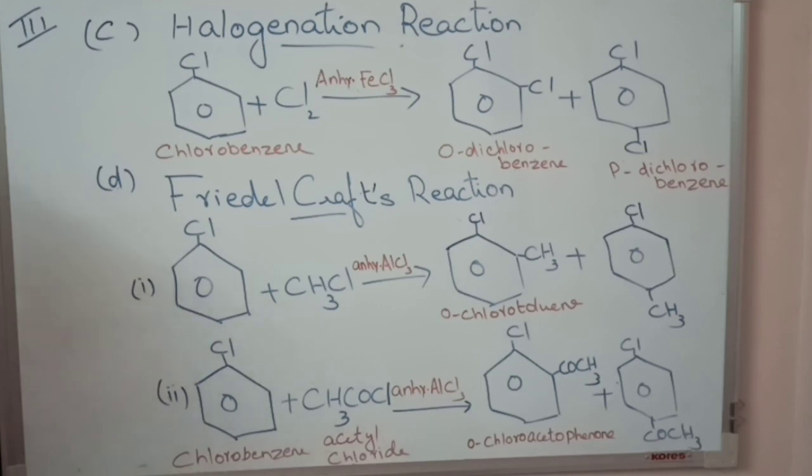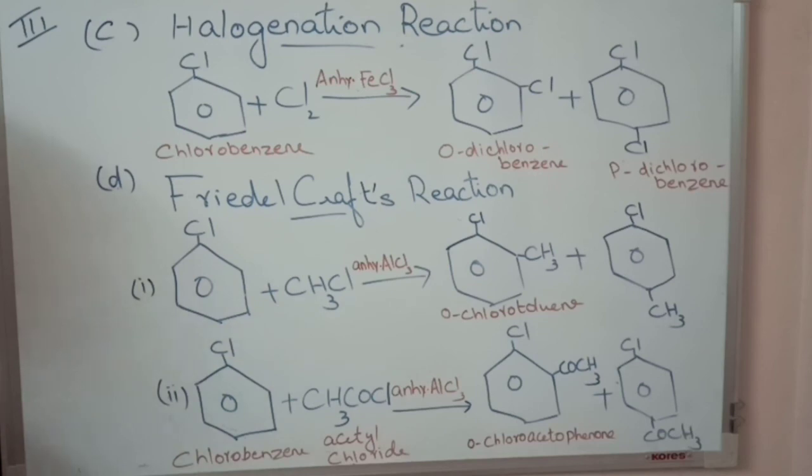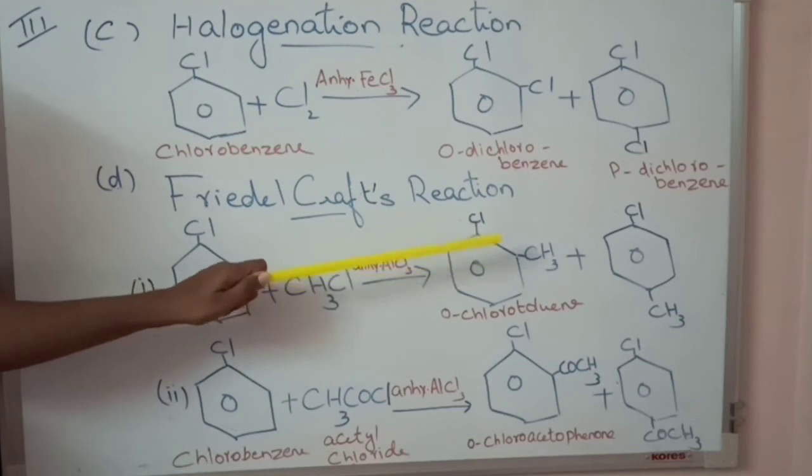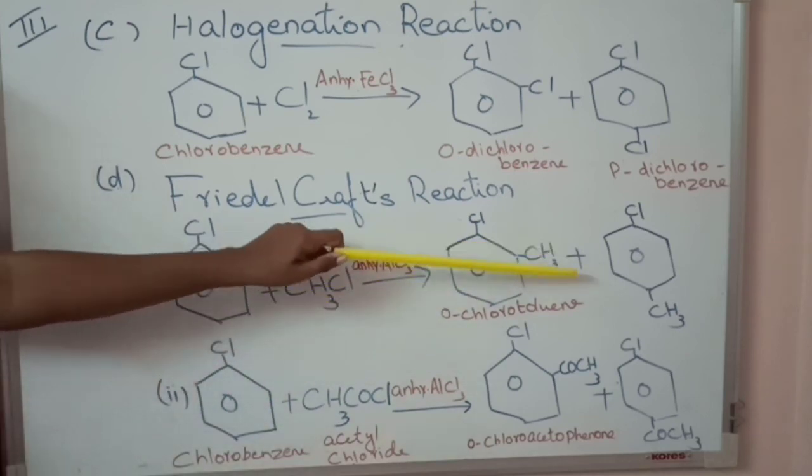Friedel-Crafts alkylation means addition of alkyl group to benzene, and Friedel-Crafts acylation is addition of acyl group to benzene. So chlorobenzene on treating with chloromethane in presence of anhydrous AlCl3, then you will get mixture of ortho-chlorotoluene and para-chlorotoluene. Here this methyl group will add to benzene.